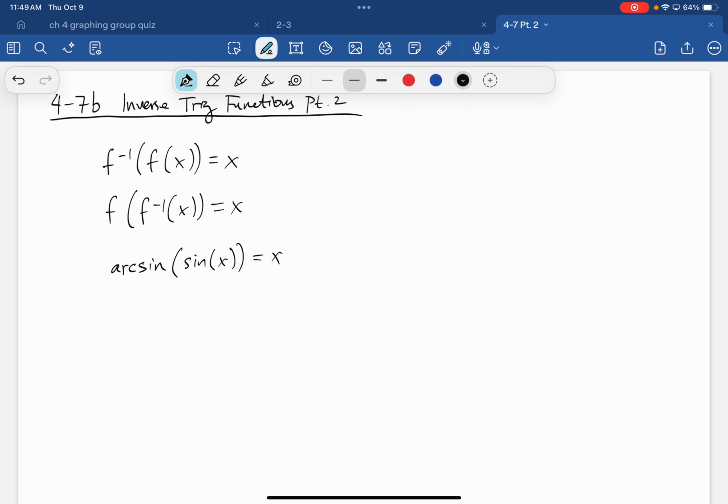The sine function doesn't have an inverse. Arcsine is the inverse of our restricted sine function, which is a different function, right? And so this is actually not true. Sometimes true, but generally not true. Arcsine of sine of x, let's write theta instead. Arcsine of sine theta is generally not equal to theta, unlike other inverse functions.